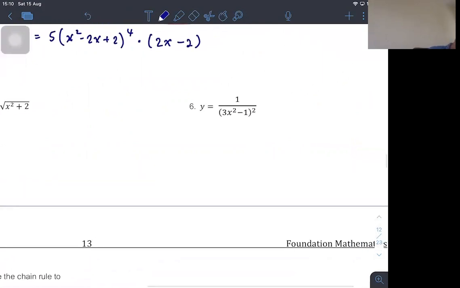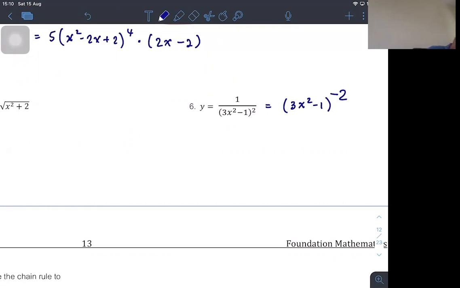So what I do is I will rewrite this function. If you have 1 over (3x minus 1) to the power of 2, you can move the denominator up, so it becomes (3x squared minus 1), and the power becomes minus 2, right?